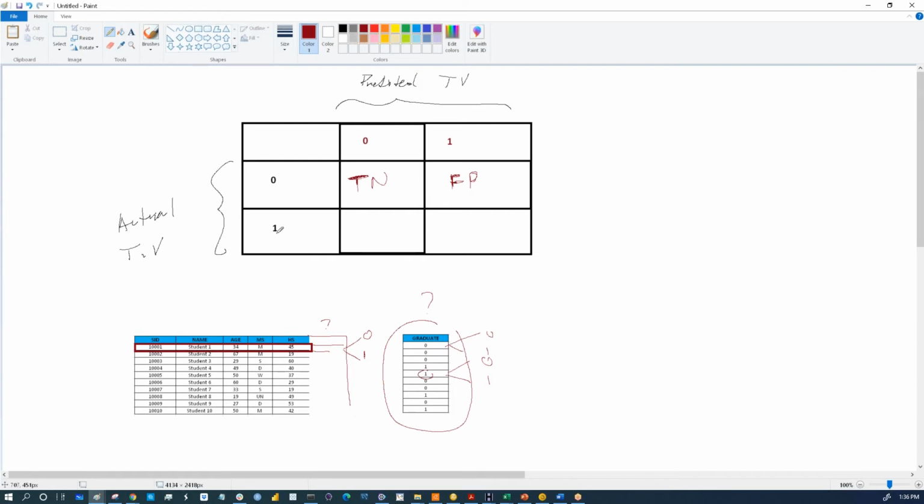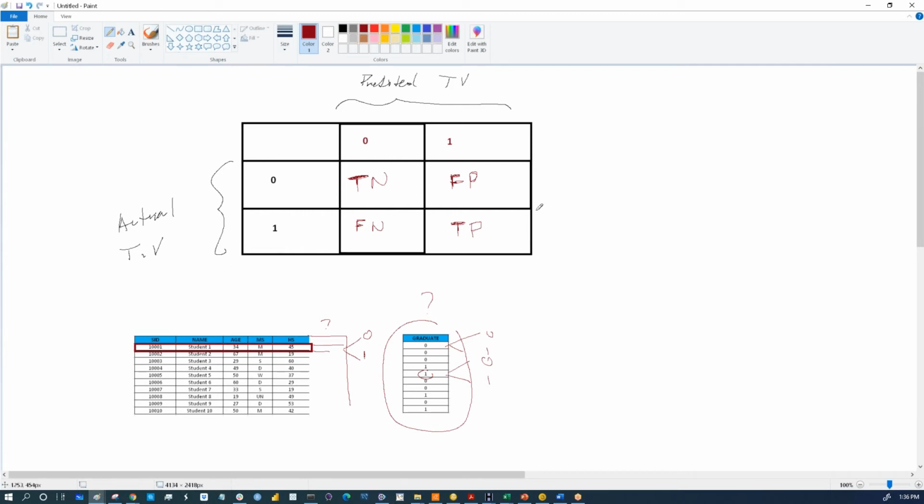If the actual is 1 and the model predicted it as 0, it's going to be a false negative. And if it's 1 and the model predicted 1, it's a true positive.